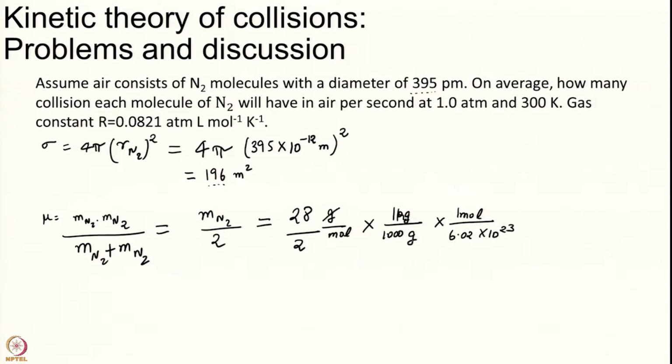The gram cancels with gram, the mole cancels with mole, and I will get the answer in kilograms. I have done the math. This comes out to be 2.3 times 10 to the power of minus 26 kilogram. Actually, this thing is wrong; this should be minus 20 here.